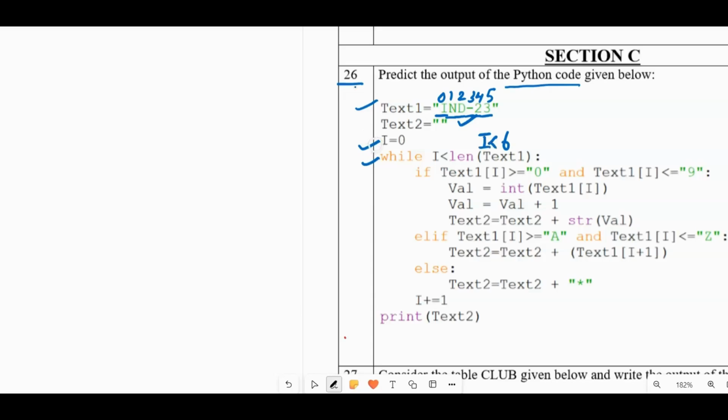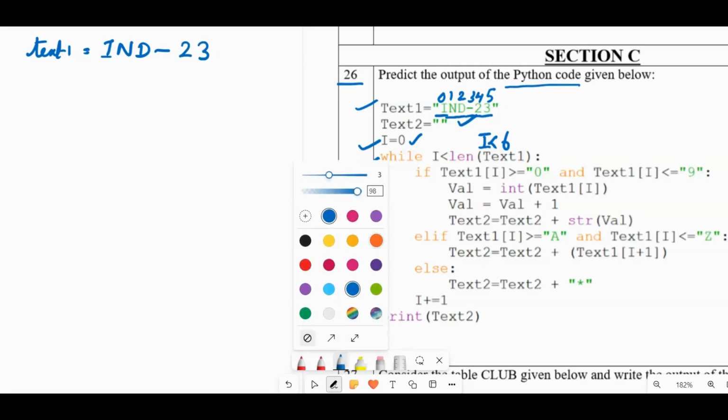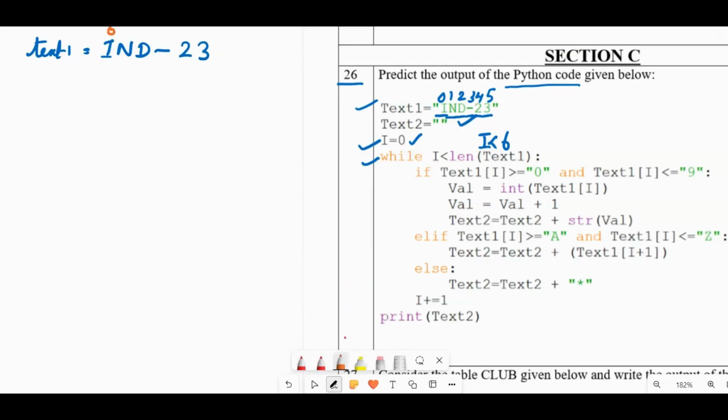The initial value of I is given here, which is 0. So let us write the text here. We have text 1 as IND-2 and 3. Let us index this: 0, 1, 2, 3, 4 and 5.